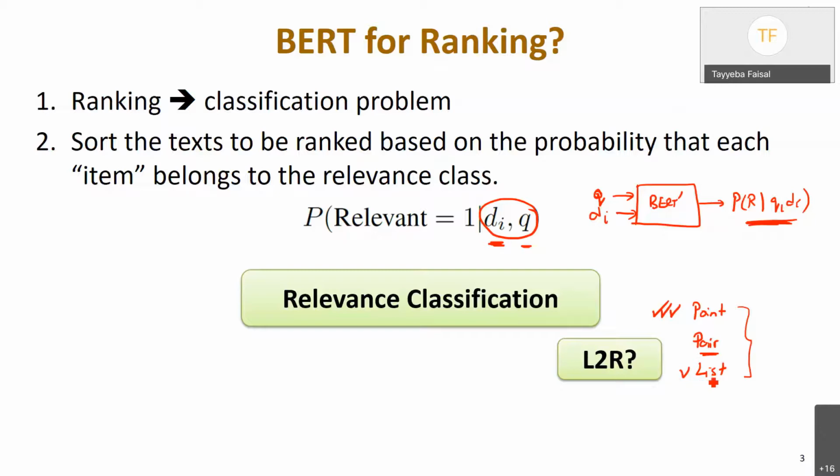So you think that it is list-wise because we want to rank the entire list of documents, right? But here the approach is about the learning model itself, Tayyiba. Does the learning model take one document at a time, or pairs of documents at a time, or the whole list as a whole? Yeah, one at a time. One at a time. Okay, so that's why it is point-wise.